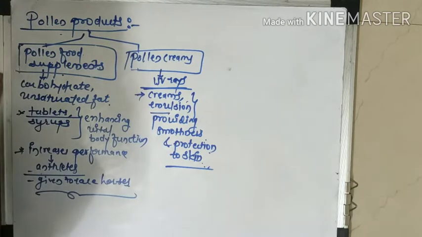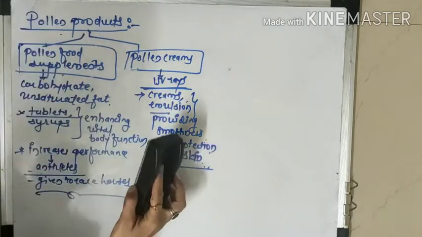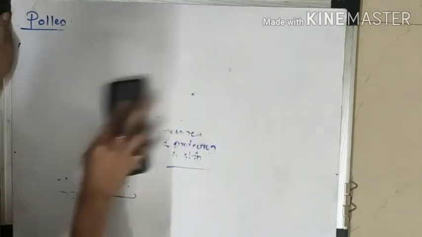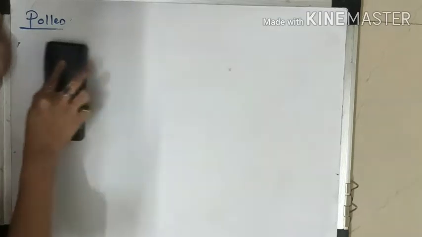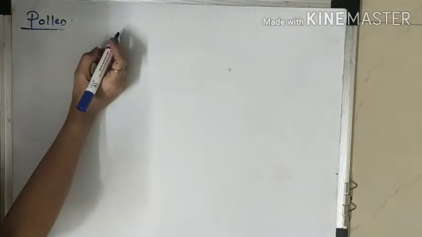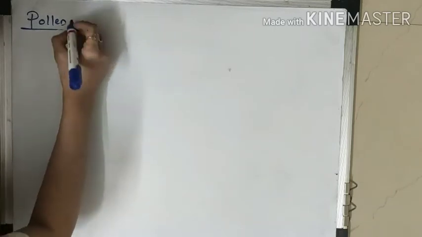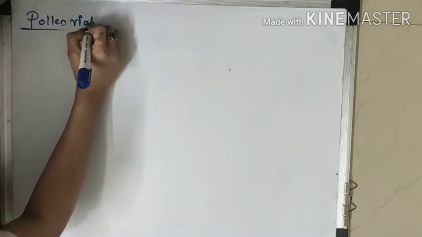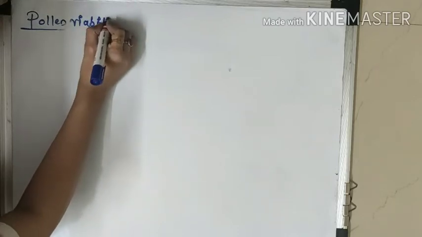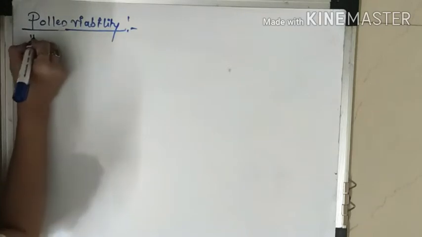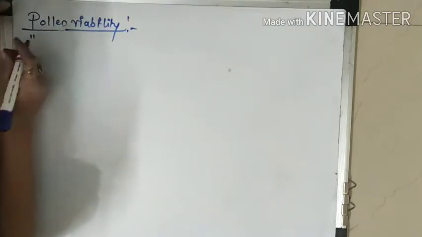Next we will see what is called pollen viability. Okay, what do you mean by pollen viability? You know what we mean by viability? Yes, anyone know that? It means functional. Viability means functional. So how can we define pollen viability?